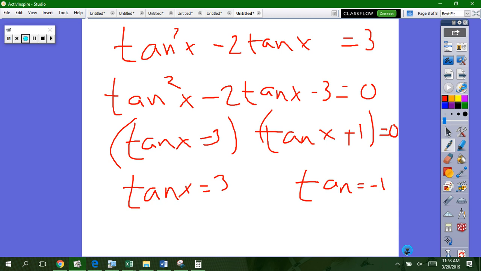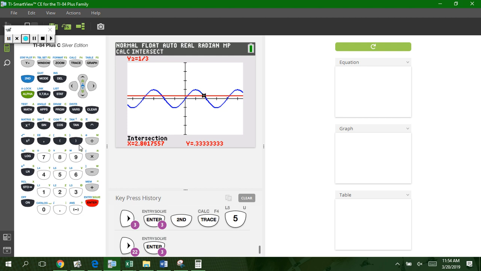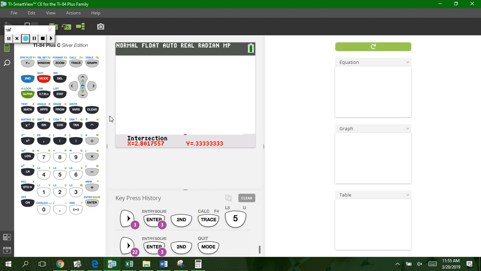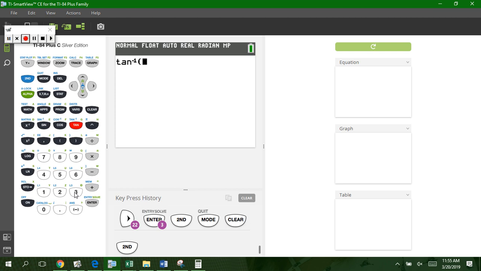Is it a unit circle question? So what do I need to do? Go to my calculator, and I'm going to go ahead and find the arc tangent of 3. It gives me 1.249. I'm going to say 1.25. Is everybody okay with 1.25? Should be in radians, yes.